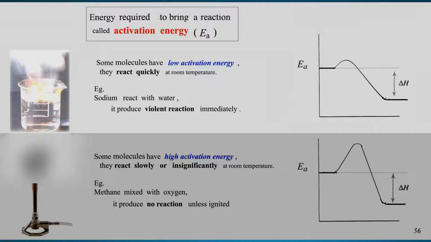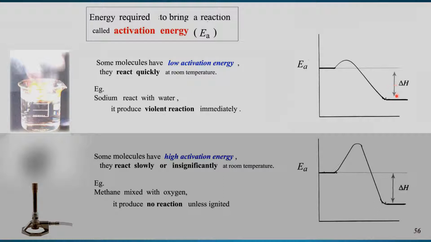And now let's look at the graph. We learned heat of reaction in the past. This substance will release energy, from here to here. So with sodium reacting with water, you expect energy to be produced.